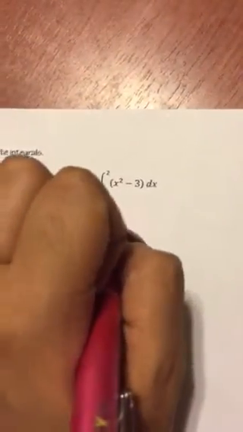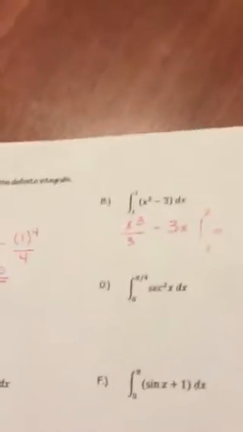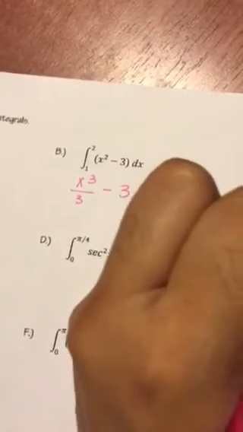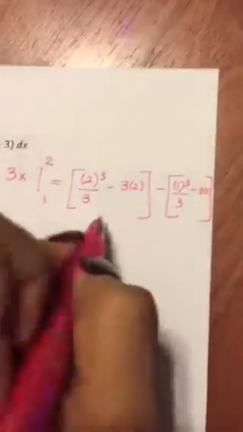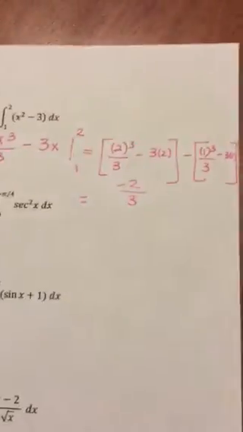Next one would be x cubed over 3 minus 3x, going from 1 to 2. Substitute in our values: 2 cubed over 3 minus 3 times 2, minus 1 cubed over 3 minus 3 times 1. That'll give us negative 2/3.